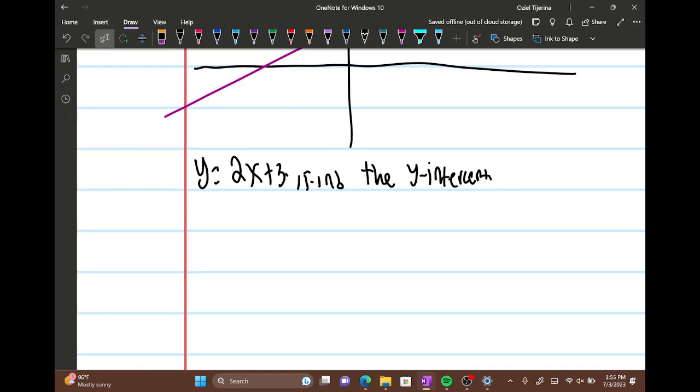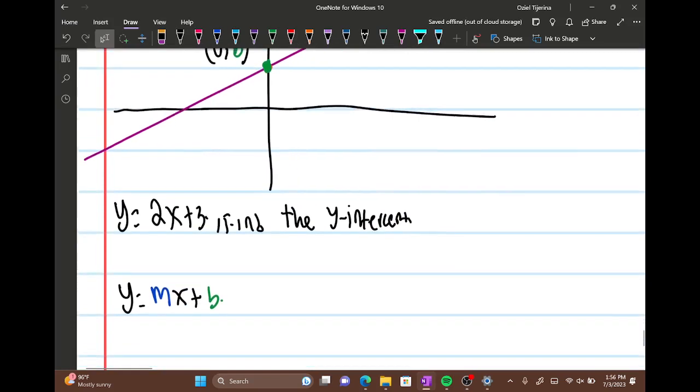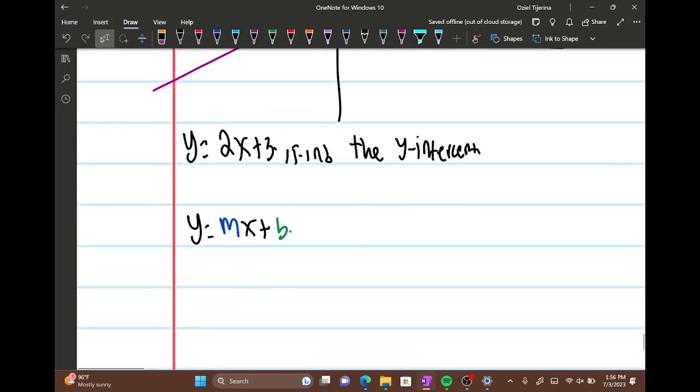Well, there are two ways to do this. We know that this is of the form y equals mx plus b, right? I can say that my y-intercept is at 0, b.